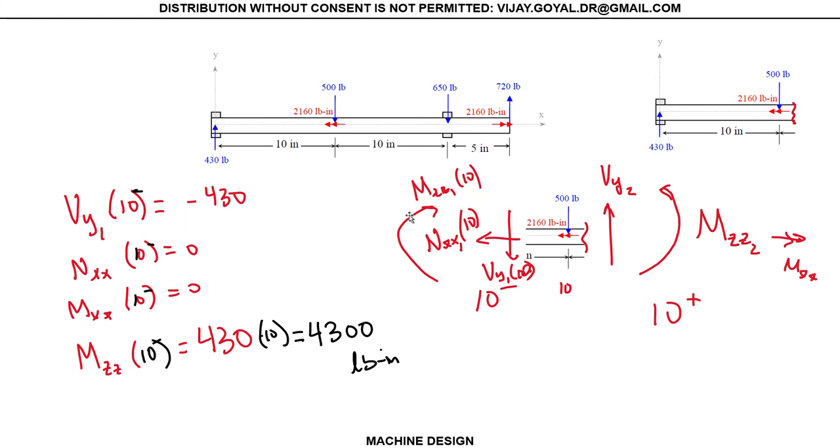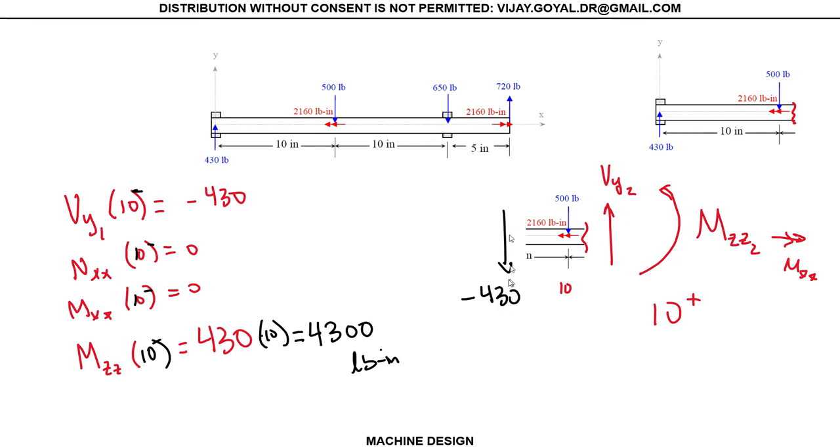So with that said and done, let's simplify this a little bit so we can make it clear. My Vy was minus 430. Don't need to flip it, just leave it like that for now. Mxx was 0, so I don't have any Mxx, that's a 0. This one, in my positive sense, is 4,300.